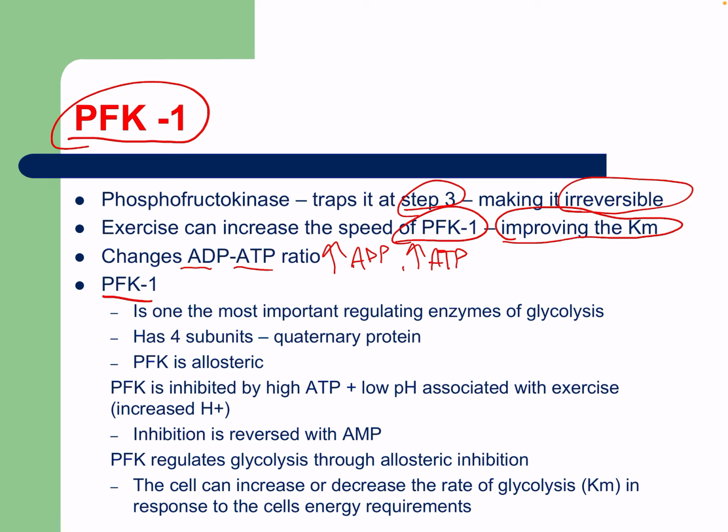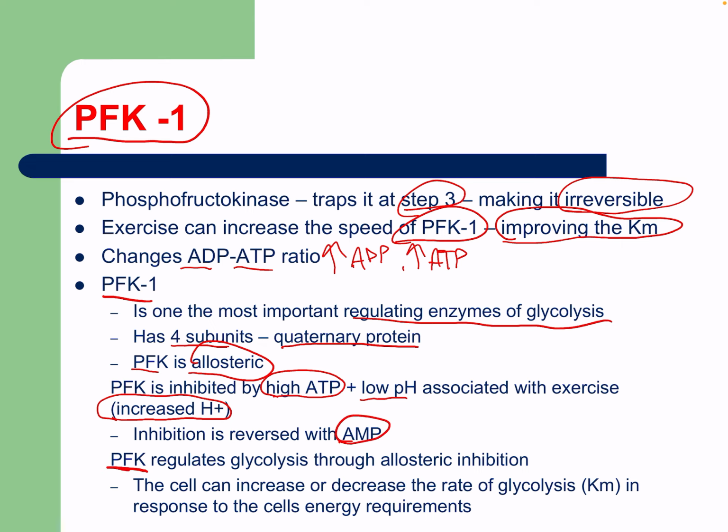Phosphofructokinase 1 is one of the most important regulating enzymes in glycolysis. It has 4 subunits and is a quaternary protein, and PFK is allosteric. PFK is inhibited by high ATP and by low pH, associated with exercise when there's an increase in hydrogen ions, and this inhibition is reversed by AMP.